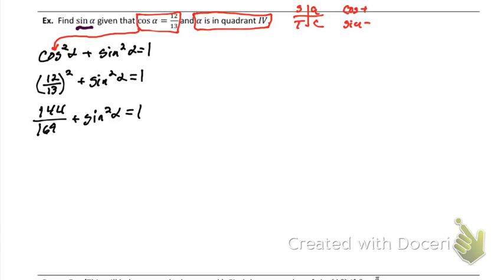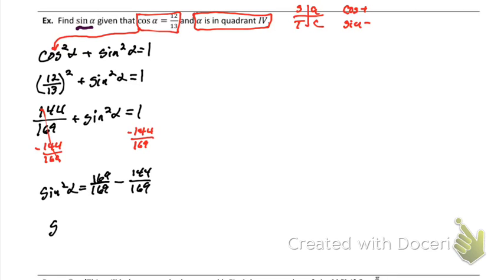I'm going to subtract that 144 over 169 on both sides, so that cancels out. I'm also subtracting it over here, 144 over 169. Now we're going to be left with sine squared alpha equals, instead of 1, I'm going to put that as 169 over 169, but it really is 1 minus 144 over 169.